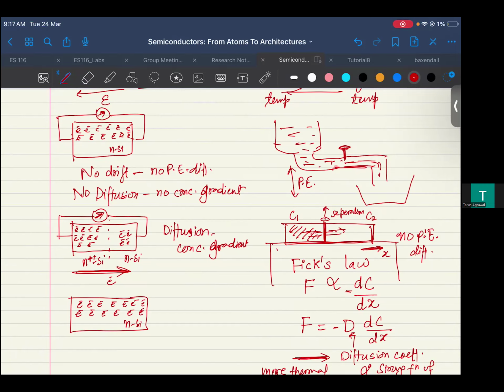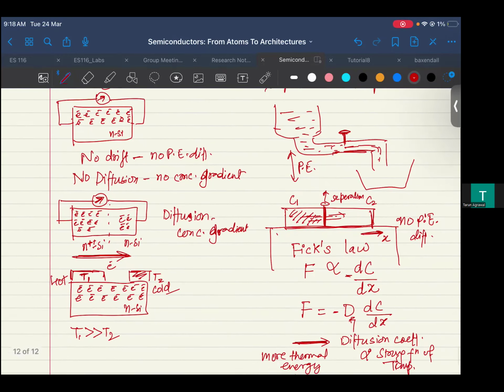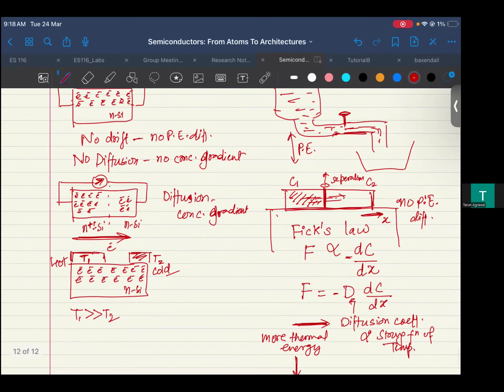But interestingly, rather than doping, you were heating this side of the semiconductor with a temperature T1, and this side with some temperature T2. And T1 is much higher than T2, right? So this is hot, you have attached a hot plate here and some cold source here, which is like a thermocouple.